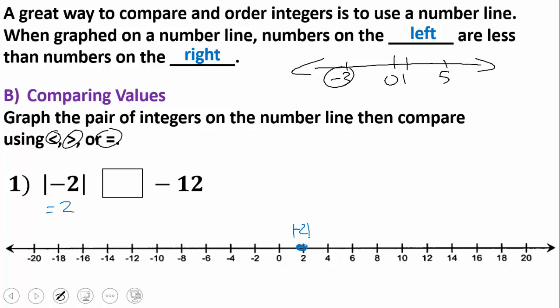And over here with -12, well, there's nothing we do with that. That -12 just goes on the line right here at -12. Well, -12 is to the left of the absolute value of -2, which means -12 is less than, or the absolute value of -2 is greater than -12.